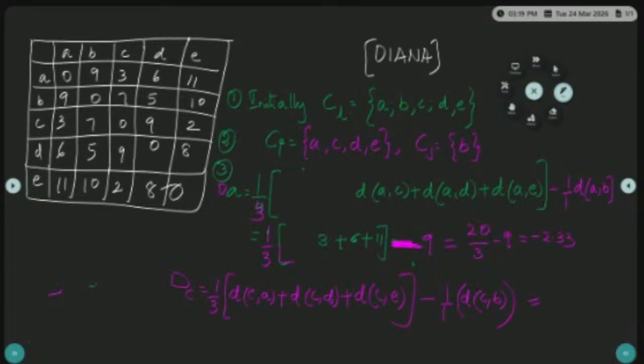Now CI equal to ACE. CJ equal to BD. Now step 5. Perform the third iteration.